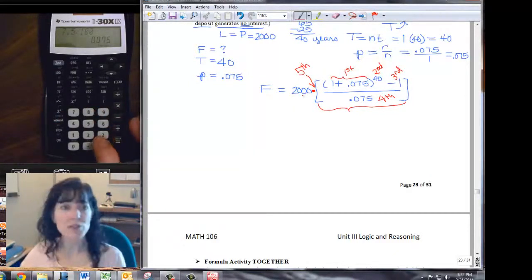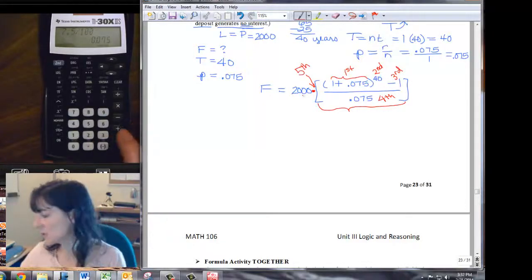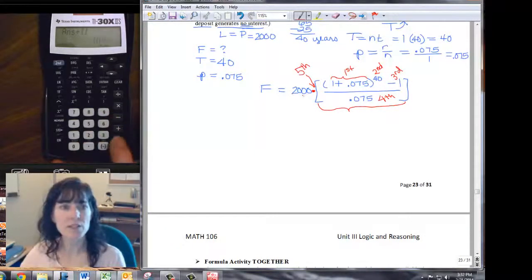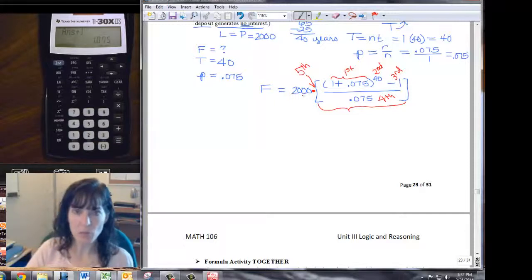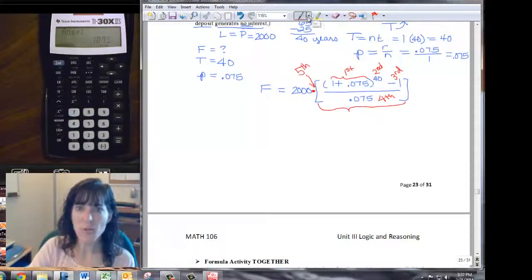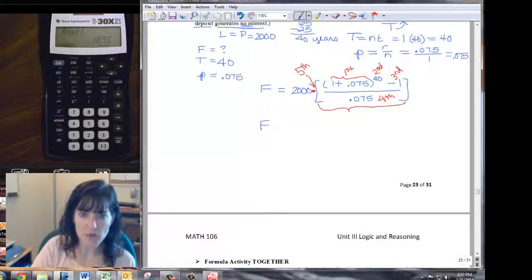Okay, so let's give it a try. We have the 0.075 sitting on the calculator, so we may as well add 1 at this point. That gives us the 1.075. And normally I won't write out every step, but when you're first learning it, I will, so that you can look back and see if you're getting what I got at each step of the way. So 1.075, and I'll still have to raise it to the 40th, subtract 1, and divide by 0.075.